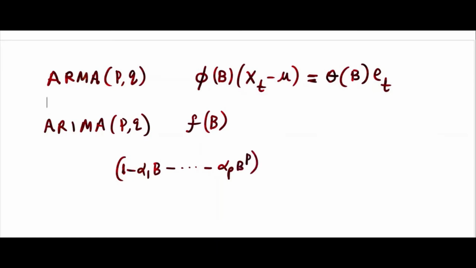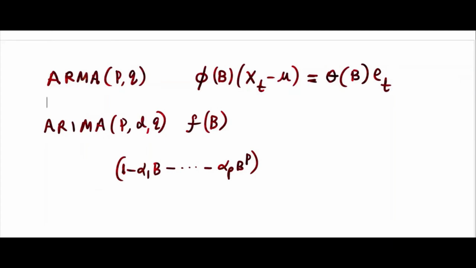And this is our polynomial here. And xt minus mu, I will write here the same thing, okay? Xt minus mu. So we need another one in ARIMA. PDQ, okay? PDQ. So this is there.